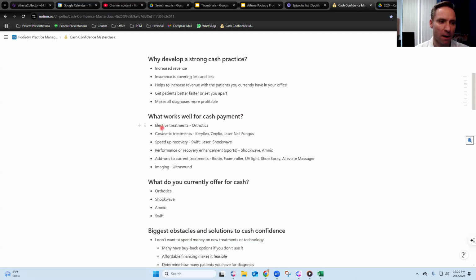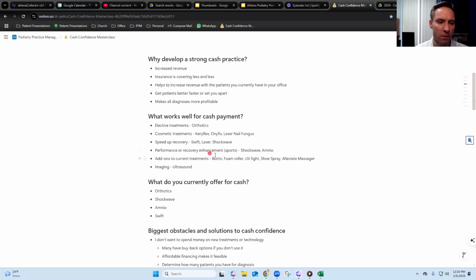Other things are different types of elective treatments, such as orthotics, which patients can choose to do. Cosmetic treatments for toenails, so Keriflex, Onifix, laser, nail fungus. Treatments that speed up recovery: Swift speeds up wart healing, laser might speed up healing, and shockwave, I truly believe, speeds up healing.